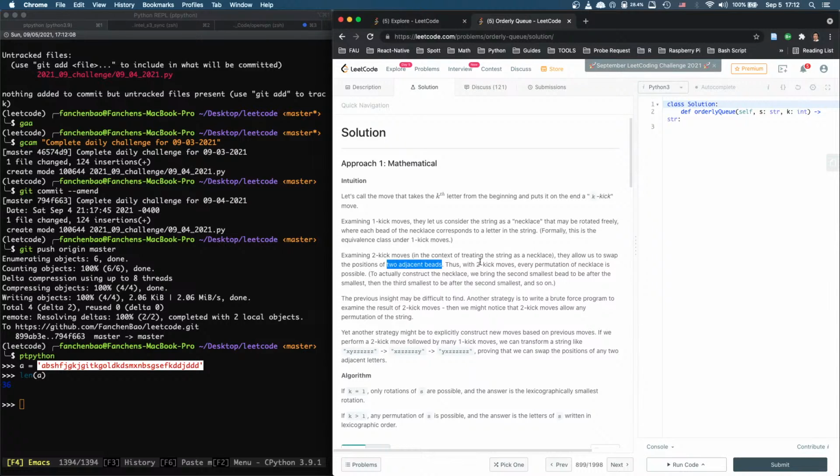Hold on. So what I'm thinking is with two positions, K equals 2, we can get consecutive two letters, consider them as beads. We can create them, right? But the problem is once we create all these sorted beads, what we cannot guarantee is that there might be disorder.